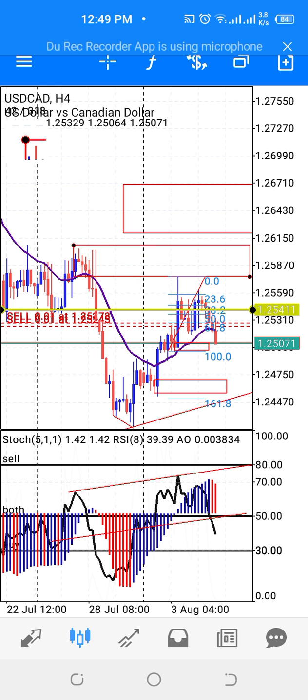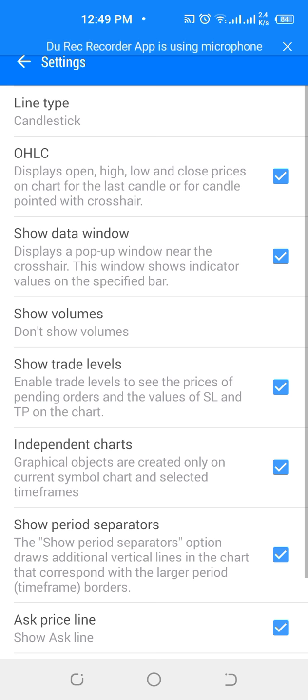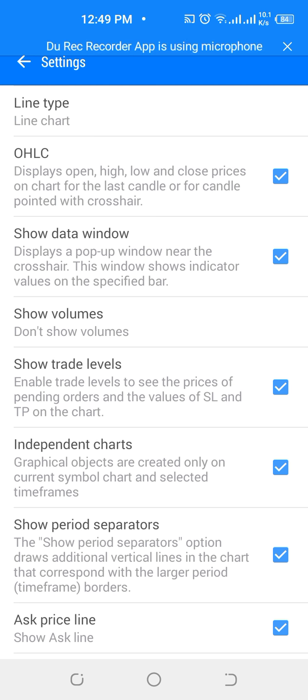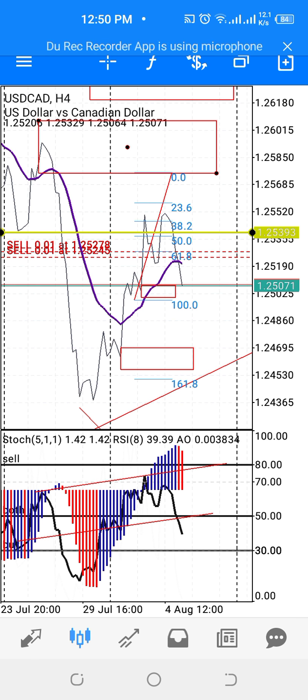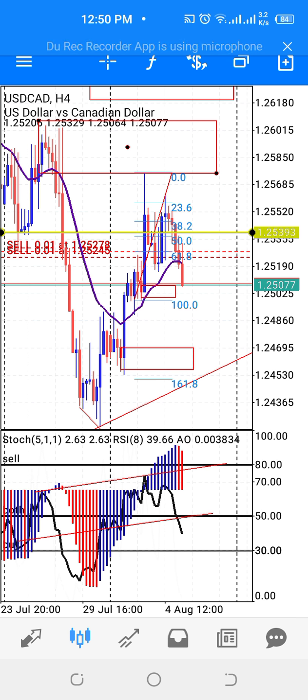Then from that point, when you look at the line chart again, you can see that there is an M pattern on the 4 hours.